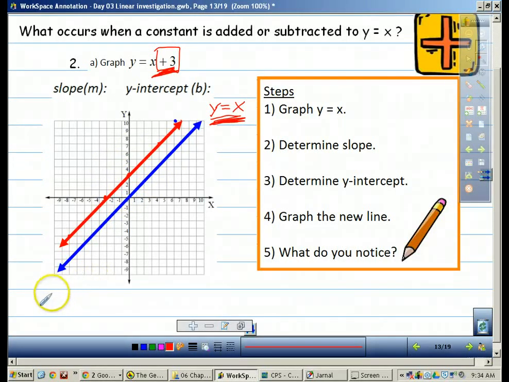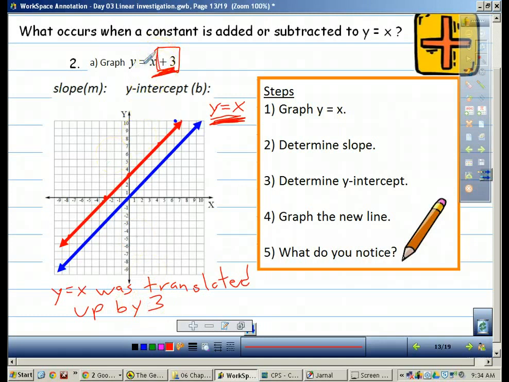So you can say how they differ: y equals x was translated up by 3.